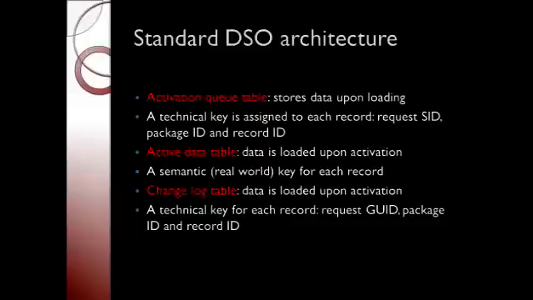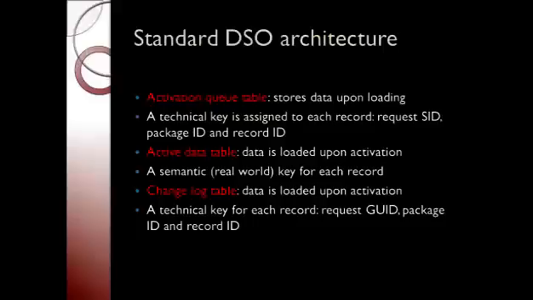And then the second table is the active data table. This table is used to store the data upon activation of the data load. Okay, as just mentioned, when we load data into a DSO, it is loaded into the activation queue table first.